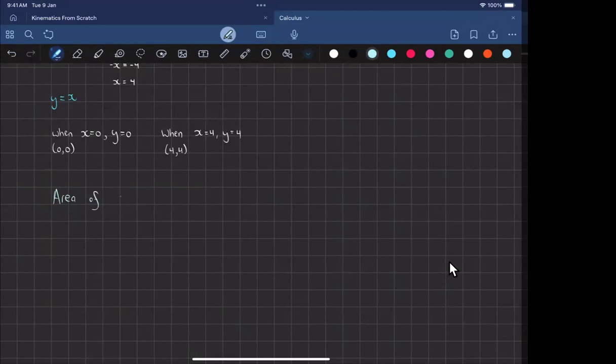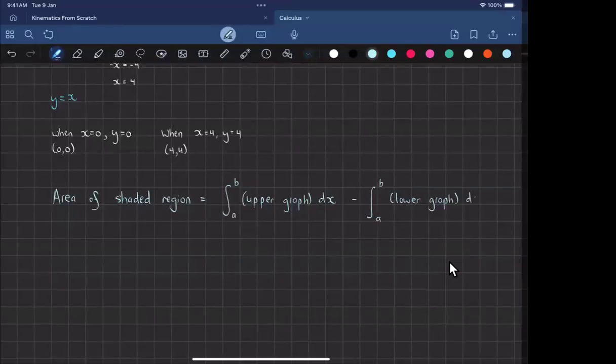So area of the shaded region, typically this is the way to do it. Yeah, that's it.